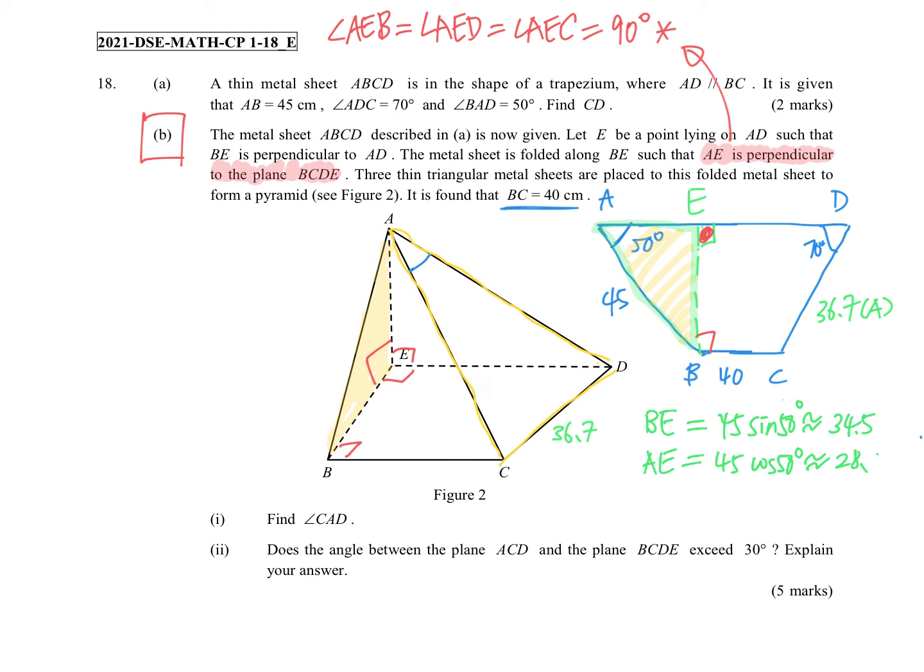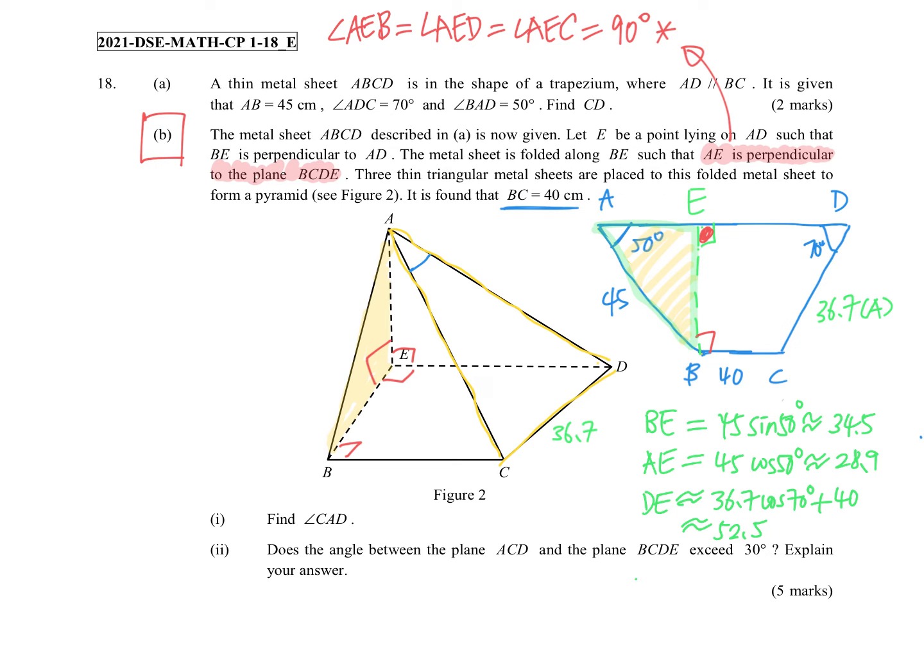And now we have AE. And then maybe we need to find DE as well. So DE would be approximately equal to 36.7 cosine 70, and then plus 40. So that would be DE, that would be 52.5. So up to now we have 3, and now let's do EC then.